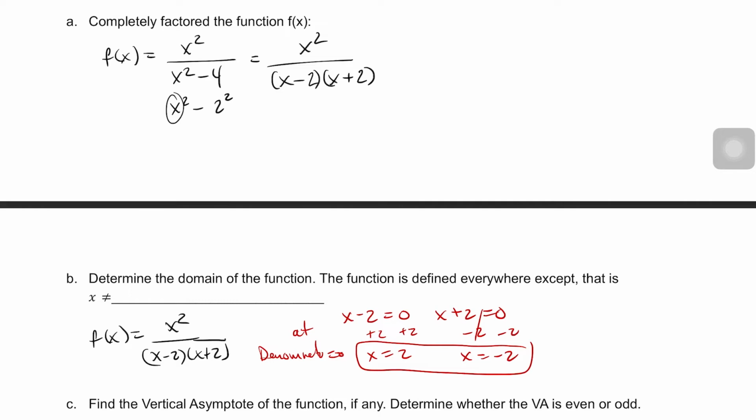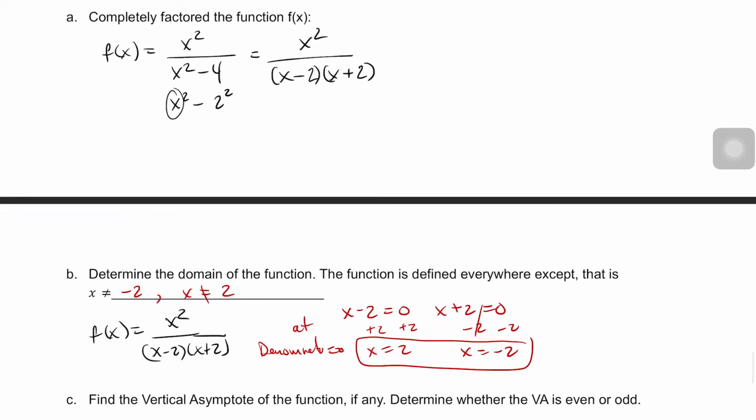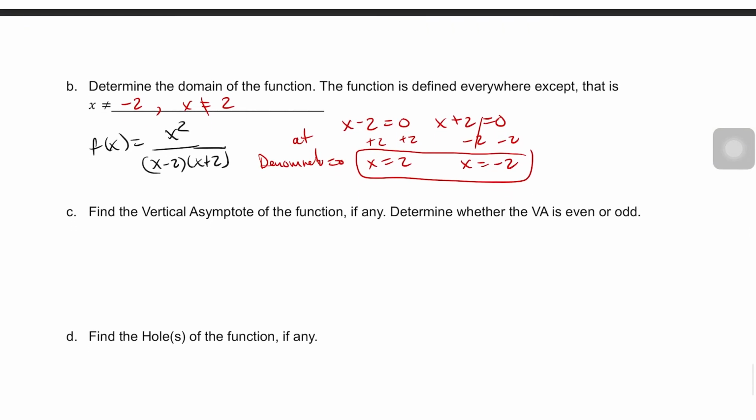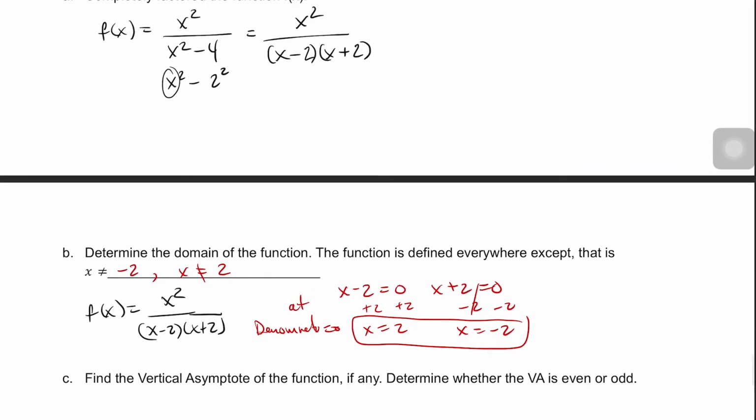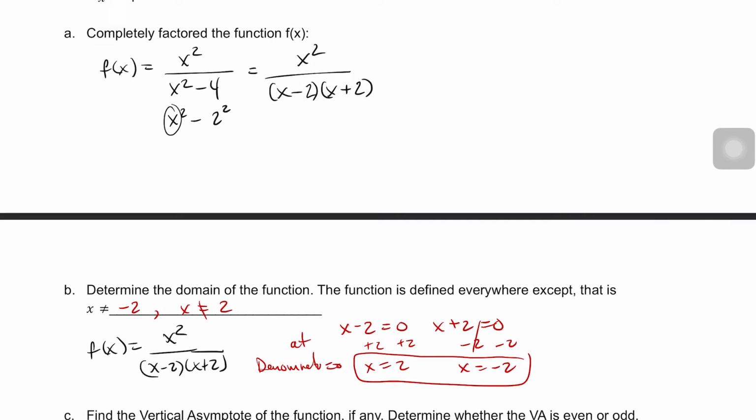So the function cannot be defined at 2 and negative 2, because that will give us an undefined value. So those are the numbers that we're going to exclude. So x cannot equal negative 2 and x cannot equal positive 2.